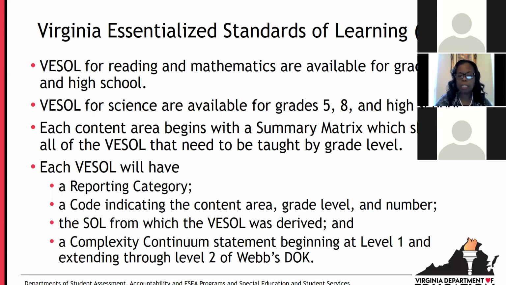So the same thing here is going to exist for how we categorize the VESOLs. So you'll see the reporting categories. Then each VESOL also has a code, a very simple code that shows the content area, the grade level, and the VESOL number. Then you'll also see the SOL that the VESOL is derived from.